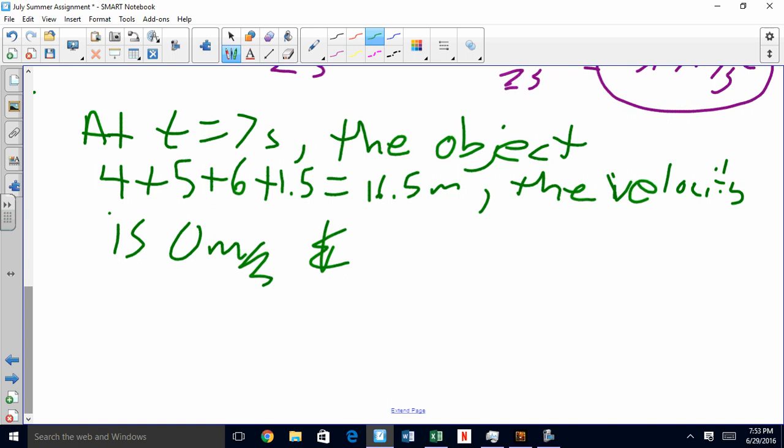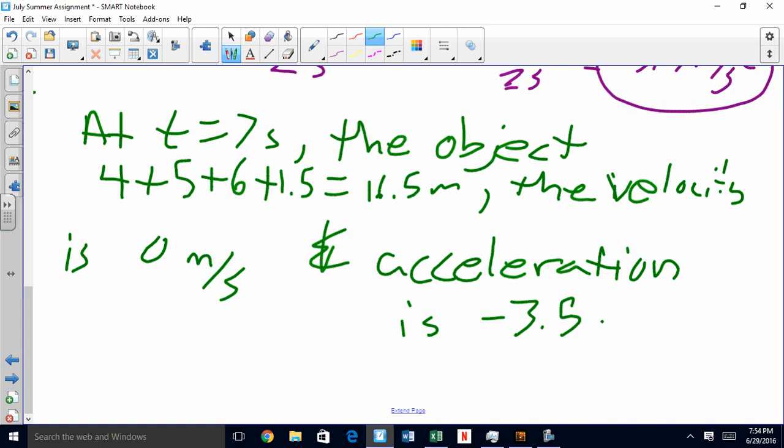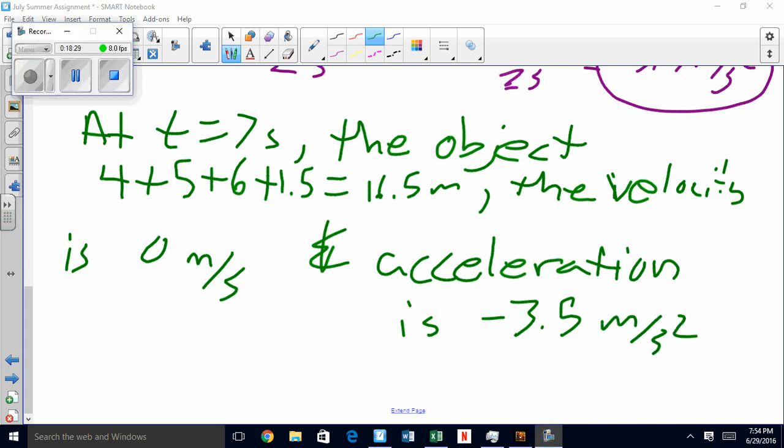Sorry, the velocity is supposed to be 0 meters per second. That's messy. Let me rewrite that nicer. The velocity is 0 meters per second, and acceleration is -3.5 meters per second squared. All right, I'm going to stop that part here.